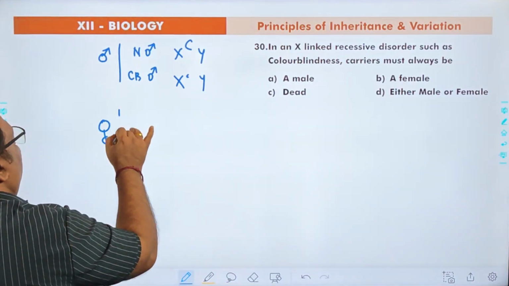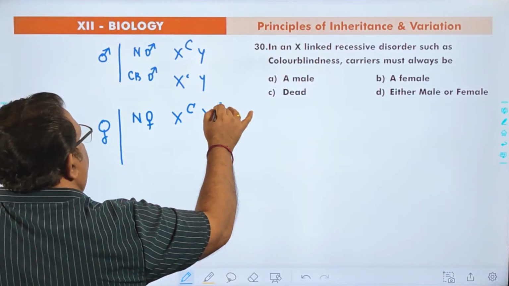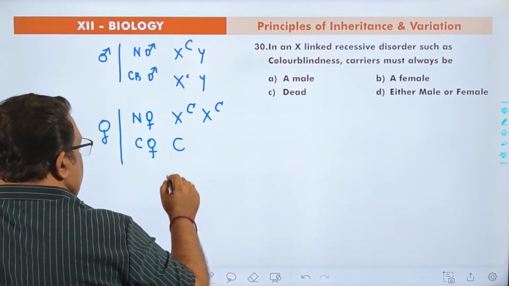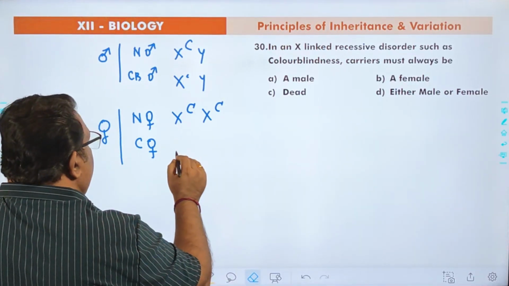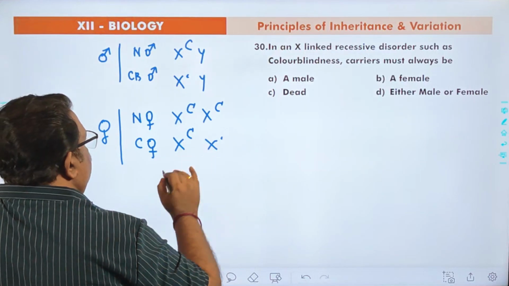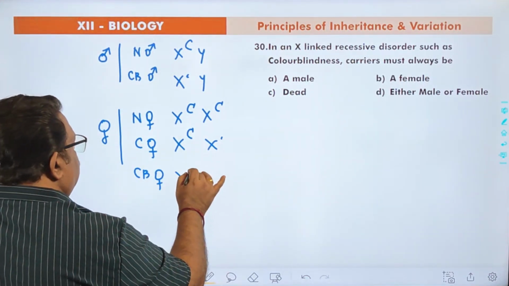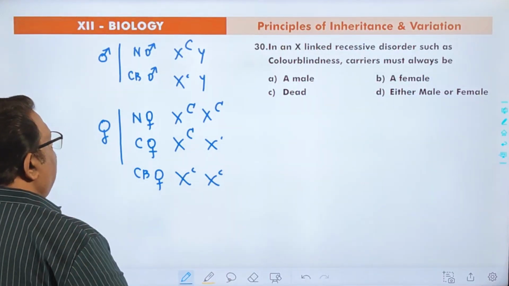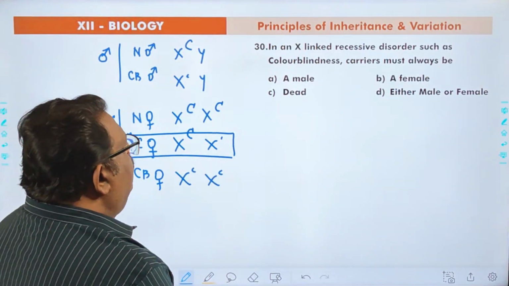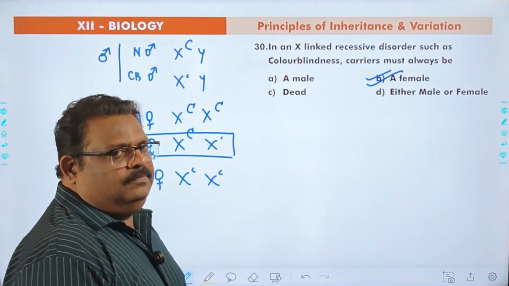In females, a normal female will be X capital C X capital C. A carrier is possible. A carrier female will be X capital C X small c. And a color blind female, X small c X small c. So carrier is possible only in females. So B is correct.